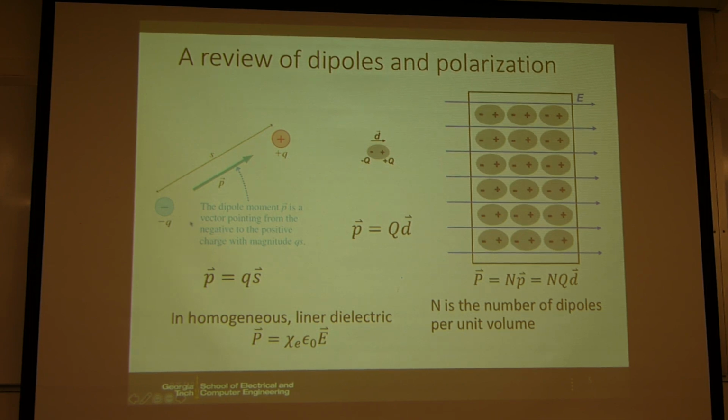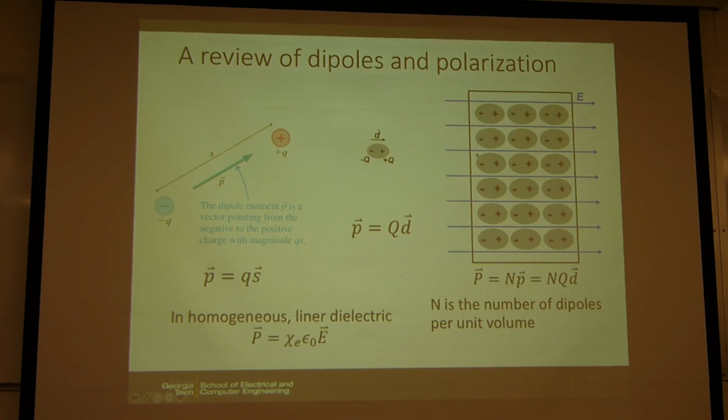The dipole moment points from the negative to the positive charge, with a magnitude of Q times S. In dielectric materials, the dipoles are aligned with the external electric field, and polarization P is just N times this dipole moment, where N is the number of dipoles per unit volume. This polarization P is also related to the electric field by this equation here, if the dielectric is linear and homogeneous.